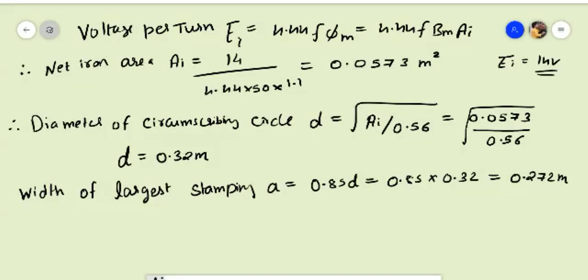Okay, so in this way we can find the width of the largest stamping A equal to 0.85 d, that is equal to 0.85 into 0.32 equal to 0.272 meter.